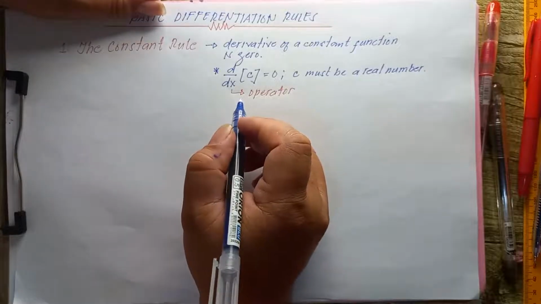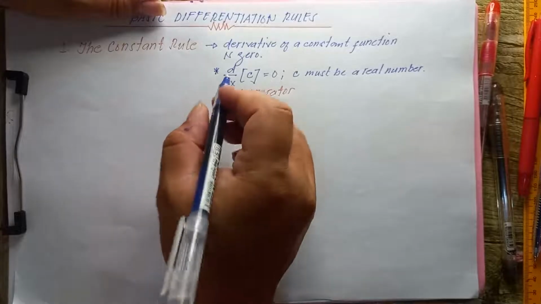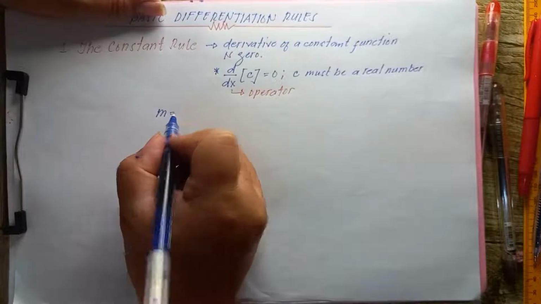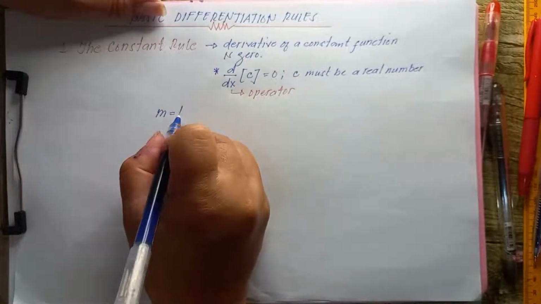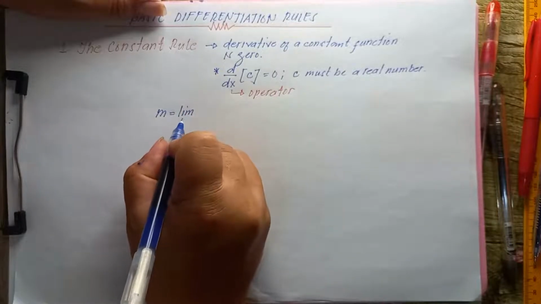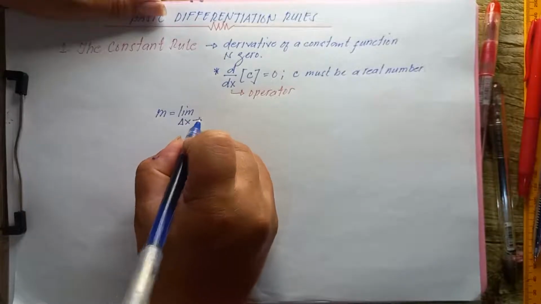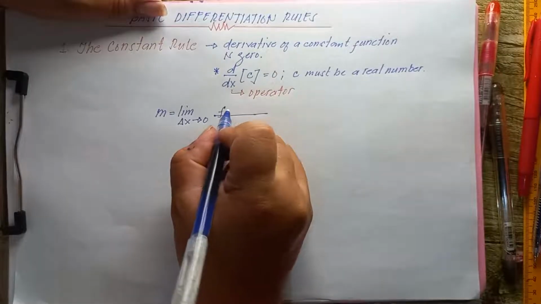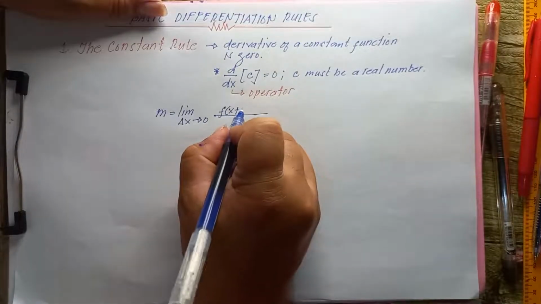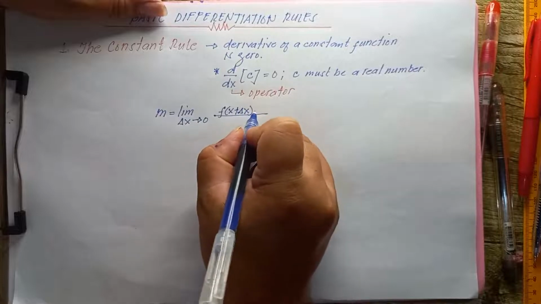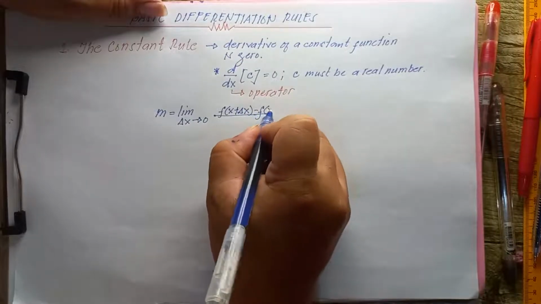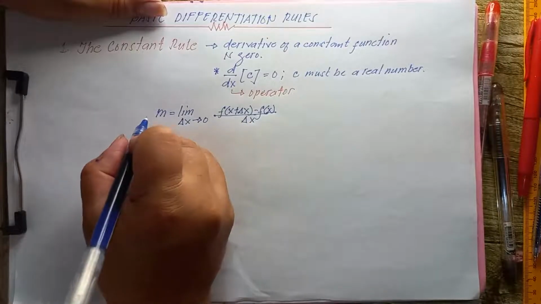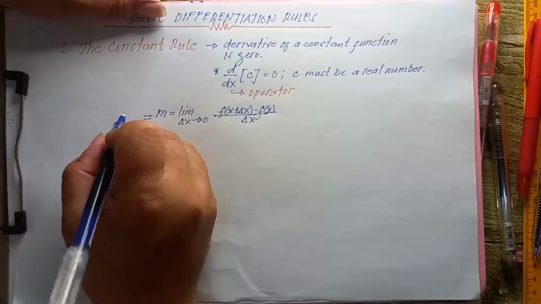Mind you that in the previous lesson, I already presented that your slope, which is the same as the limit as your change of x is approaching 0 of f of x plus change of x minus f of x over change of x, is also a derivative.